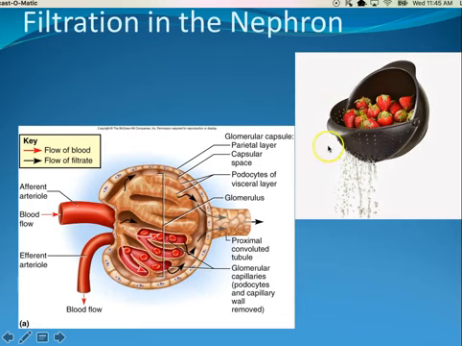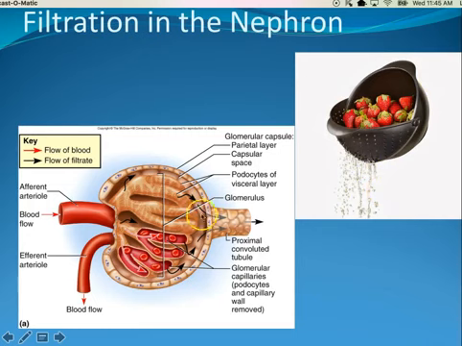So imagine if around this colander you have Bowman's capsule, it would maybe be like your sink, if you will, that catches this water along with whatever else is filtered out of it.